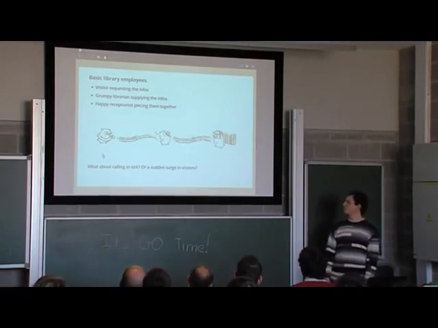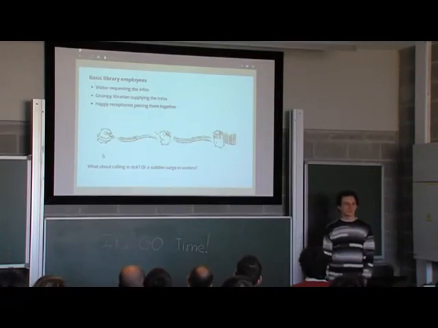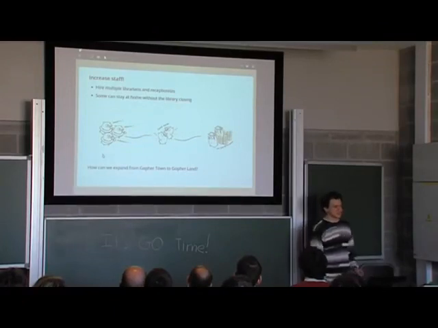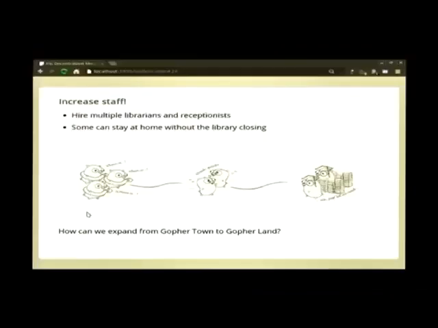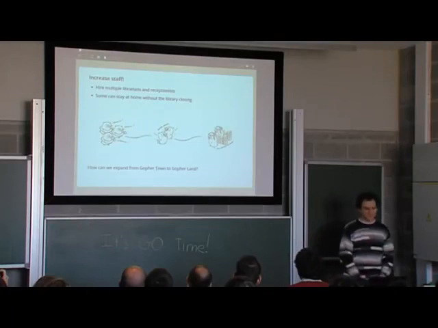But what happens if you have a sudden surge in visitors, or maybe your receptionist goes home sick? Well, the library will crash. So what you would like to do is have multiple librarians and multiple receptionists going around. We don't really care how many visitors we have, we just tell the first receptionist that comes, we don't care whether it's the blonde or the brunette. Okay, maybe we do care, but that's beside the point.